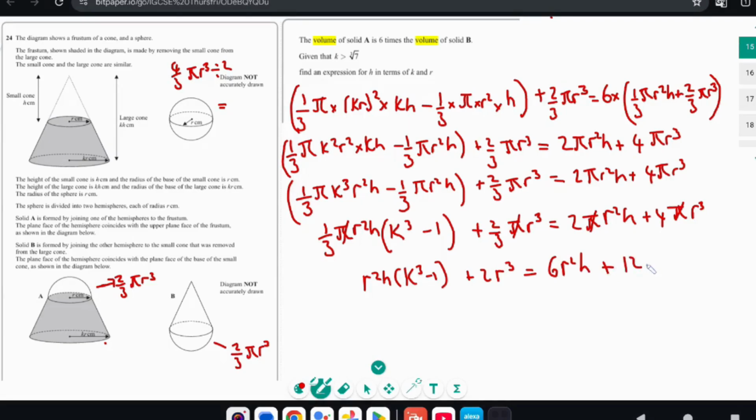And 4 times 3 is 12. I'm going to now divide through by r squared. Every single term has an r squared in it. I'm going to expand these brackets.